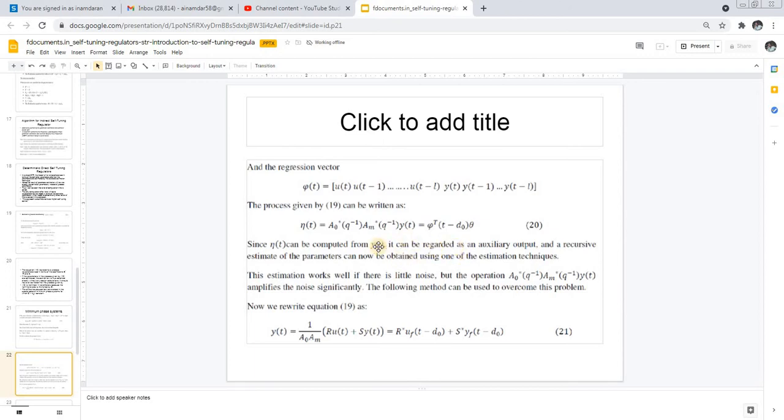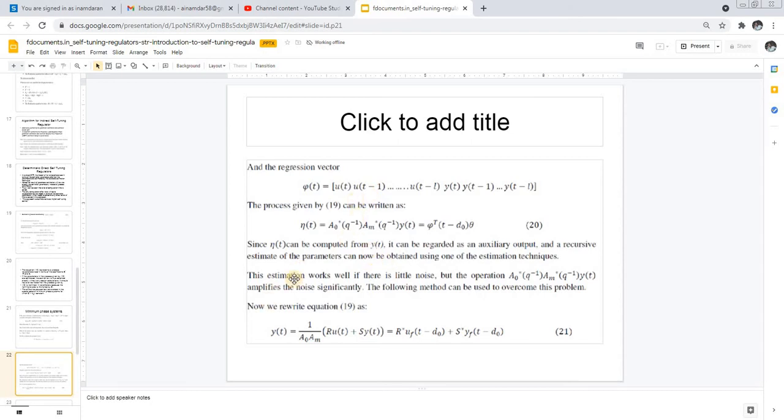So this eta of t can be computed from y of t. It can be regarded as an auxiliary output and also a recursive estimate of the parameters. This recursive estimate can be obtained using one of the estimation techniques.